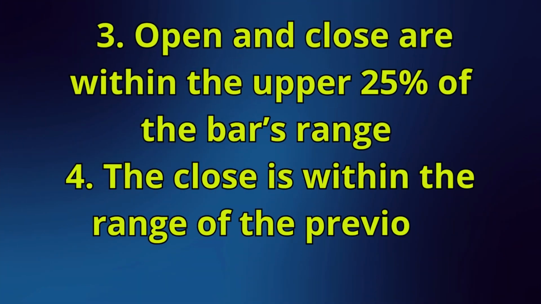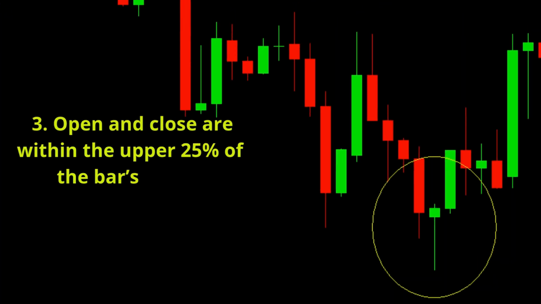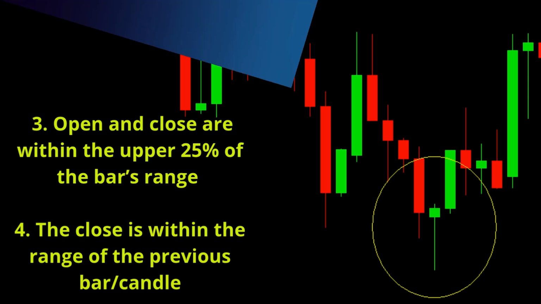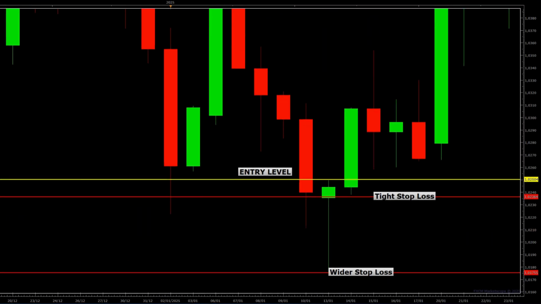Third, the open and close must be in the upper 25% of the bar's range. And fourth, the candle must close within the range of the previous bar. Both rules confirm that the selling pressure has faded. Our entry is placed just above the high of the lizard candle. We enter here to confirm the bullish momentum is taking over.